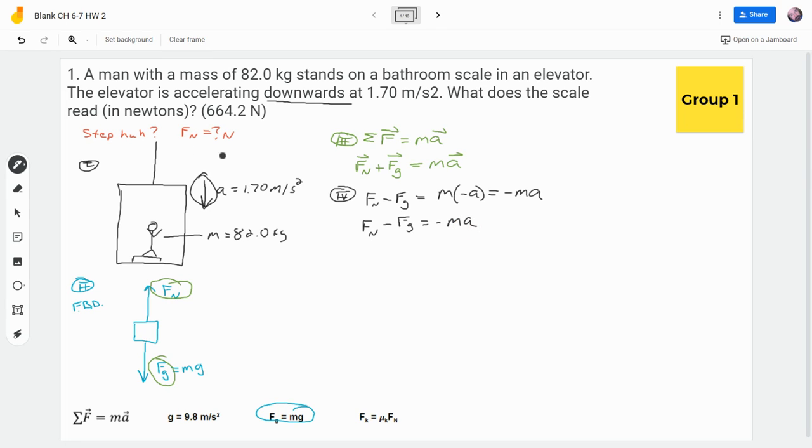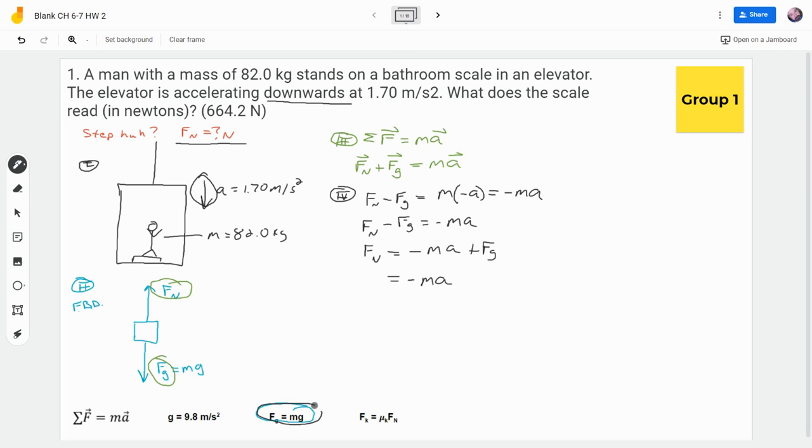Now, the name of the game, remember, is we're trying to solve for normal force. So I've got to get normal force by itself. So I'm going to add F sub g to both sides, which will give me F sub n is equal to minus ma plus F sub g. Okay, m is a number, a is a number. I know those numbers. F sub g, what am I going to do with that? Well, look down at the bottom.